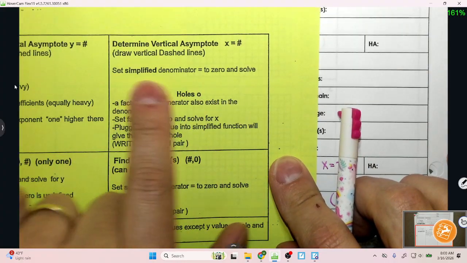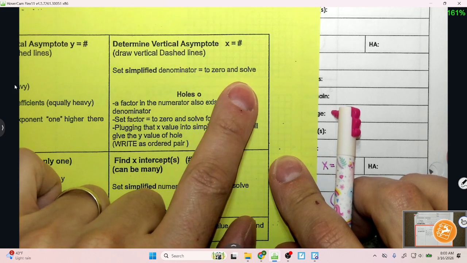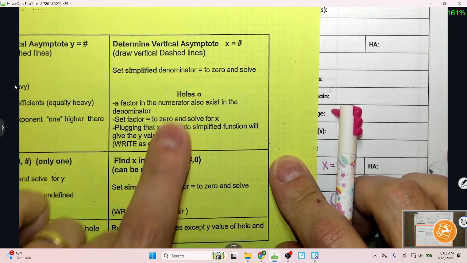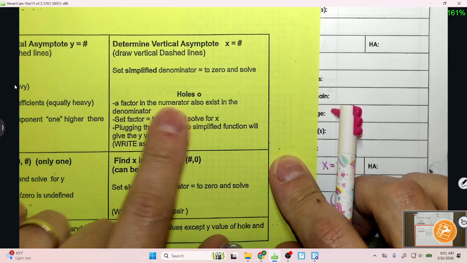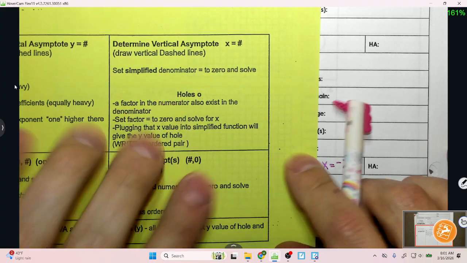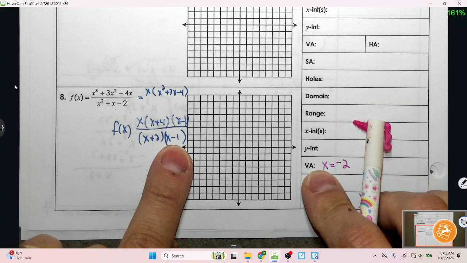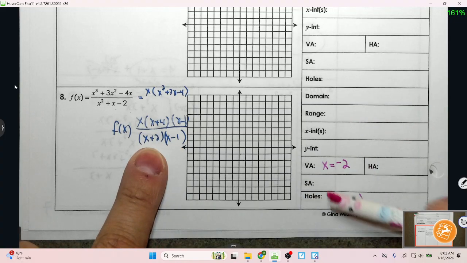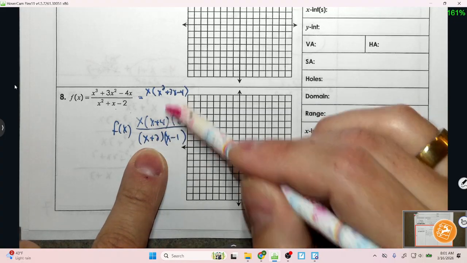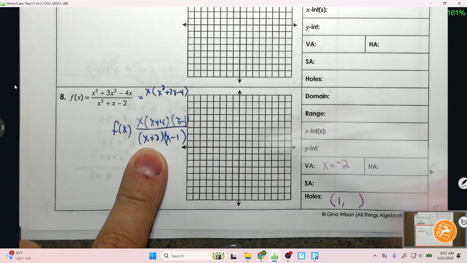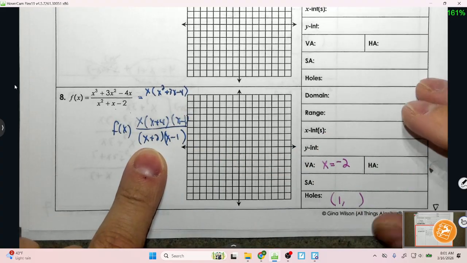That's it. Set the denominator to 0 and solve. And we can't have it in both the top and the bottom. If it's in the numerator and the denominator, it's a hole. So when we set the bottom to 0 and solve, we have two vertical asymptotes, x equals 1, x equals negative 2, but x equals 1 is repeated, so that's not actually a vertical asymptote, it's actually a hole.